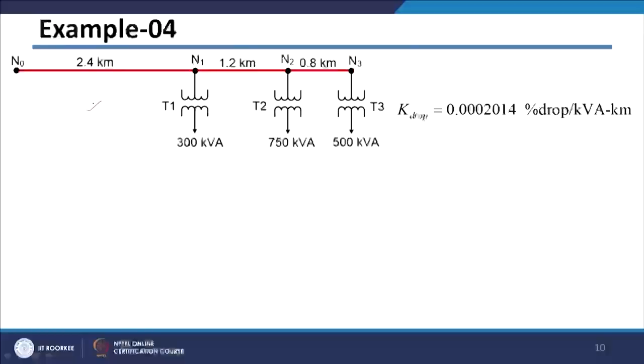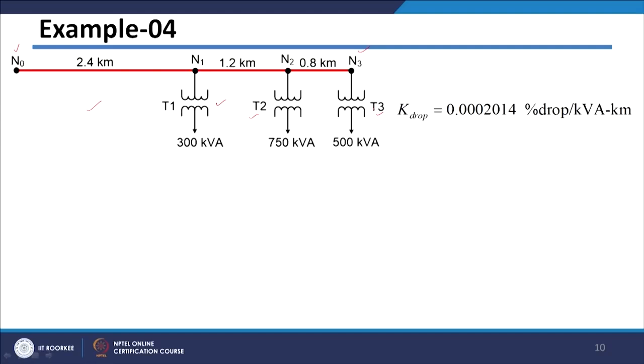Let us take one more example. As I have shown in the figure, this particular feeder, which ranges from node N0 to N3, is serving 3 loads with 3 distribution transformers T1, T2 and T3.